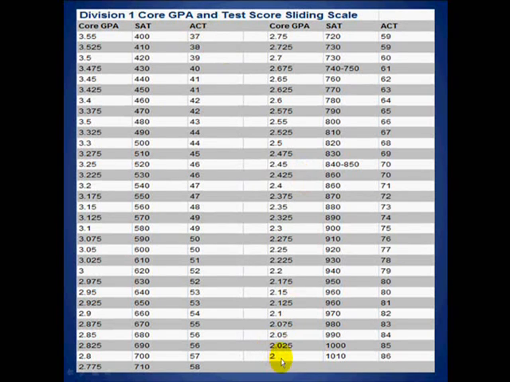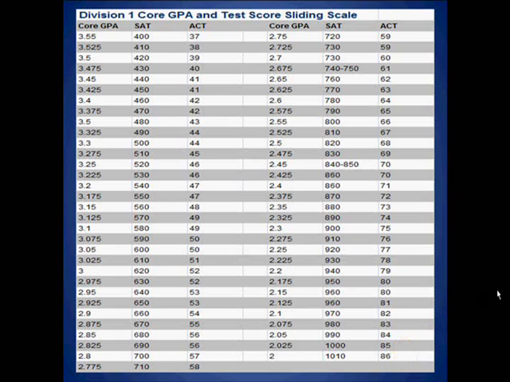As you can see down here at a 2.0, you must have an 86 overall on the ACT. If you do the math on that and divide it by 4, you get 21.5. Since the ACT does not come in fractional units, you have to round up. So you basically need a 22 on your ACT if you had a 2.0 core GPA. Like I said, the higher you go up, the lower it can be.